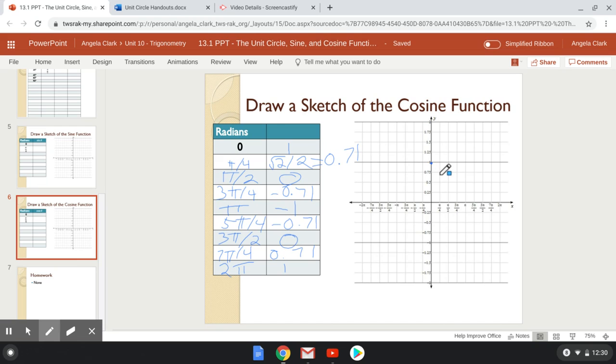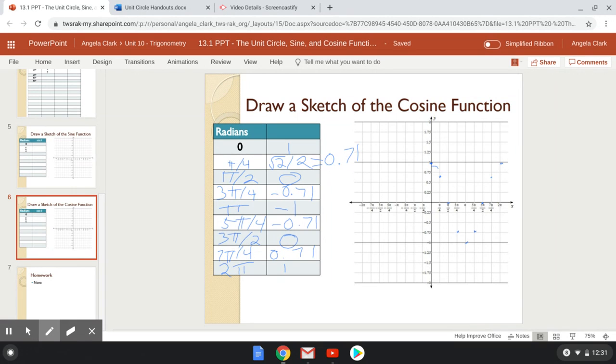And then 0.71, 0 at pi over 2, negative 0.71, negative 1, negative 0.71, 0 at 3 pi over 2, positive 0.71, 1.